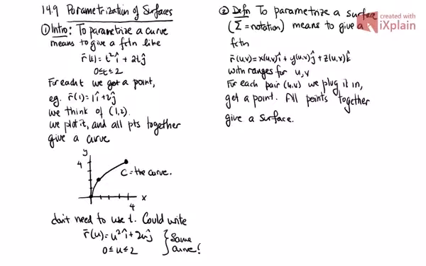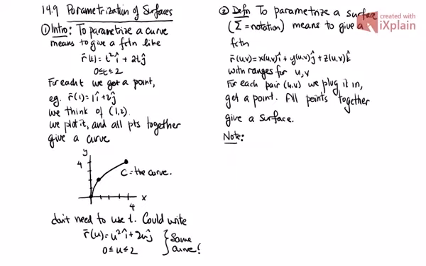Now, just one note before we dive into some examples. We never actually use the letters u and v. Those are just placeholders. Instead of u and v, we typically use letters that are familiar to us: x, y, z, r, theta, phi, rho.